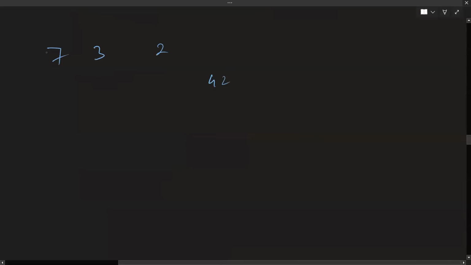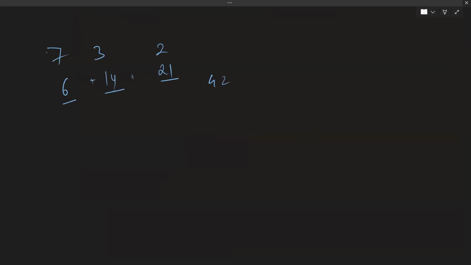So I want LCM as the number of coins returned to me. So 42 divided by each: 6, 14, 21. I'll bet 21 coins on this, 14 coins on this, 6 coins on this. What is the sum of these? 41. So for this, it works.